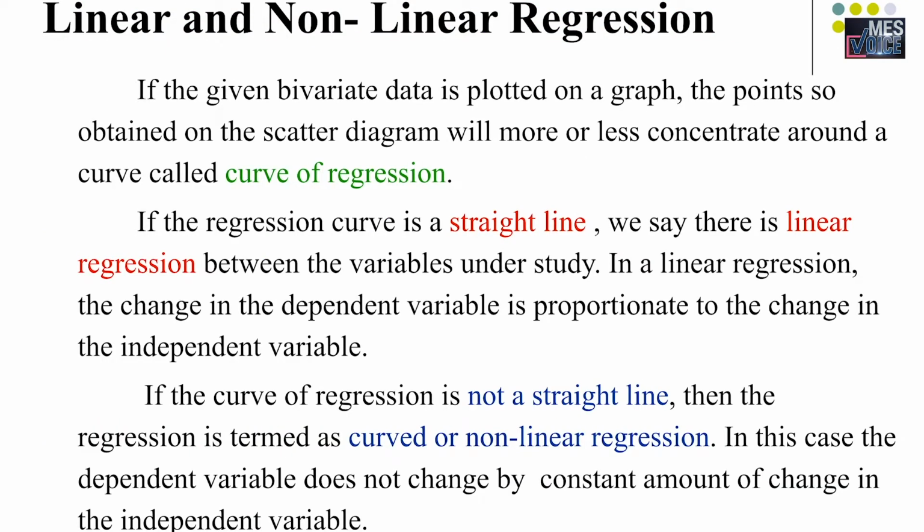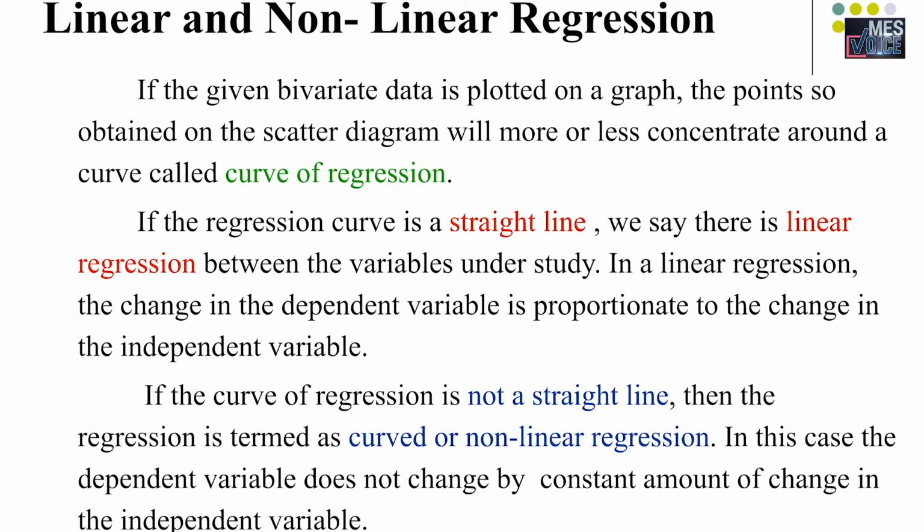Next is linear and non-linear regression. If the given bivariate data is plotted on a graph, the points so obtained on the scatter diagram will more or less concentrate around a curve called curve of regression. If the regression curve is a straight line, we say there is linear regression between the variables under study.